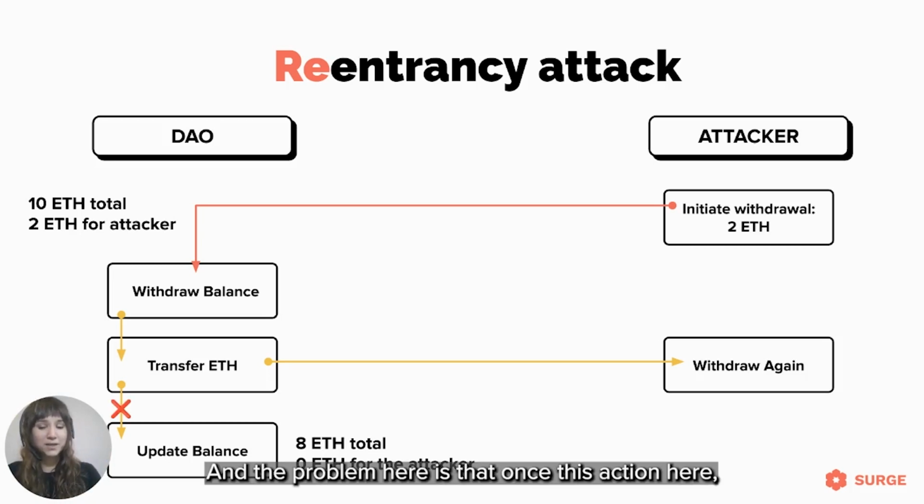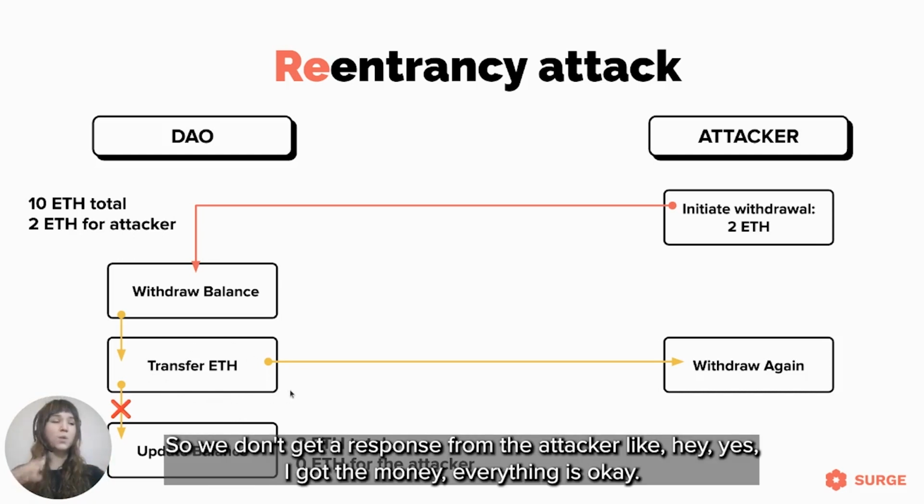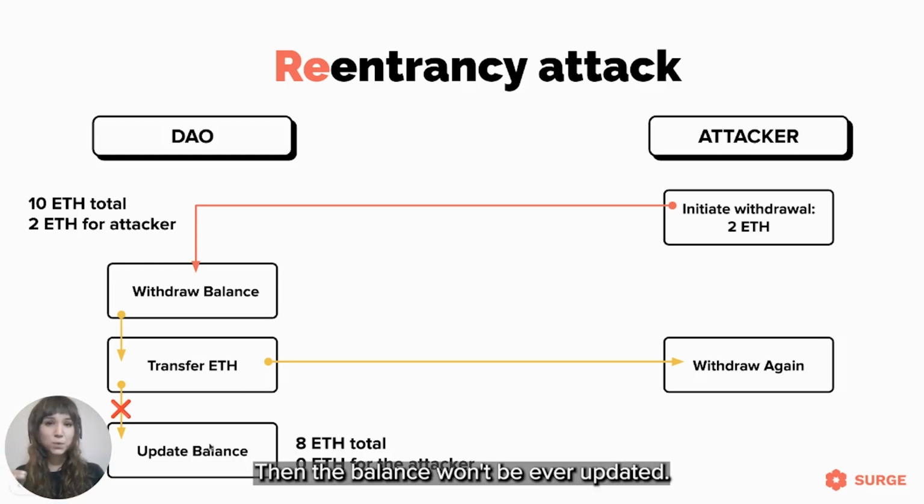And the problem here is that once this action, the transfer, is not finalized, so we don't get a response from the attacker like, hey, yes, I got the money, everything is okay, then the balance won't ever be updated.